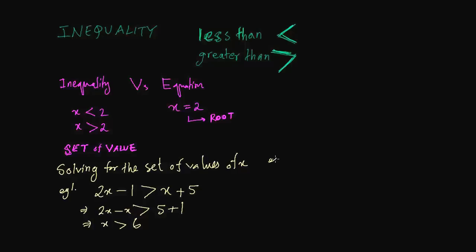Now let's do another example. This one is 5x plus 7 greater than 7x plus 2. Let's bring all the x on the left hand side. 5x minus 7x greater than 2 minus 7.